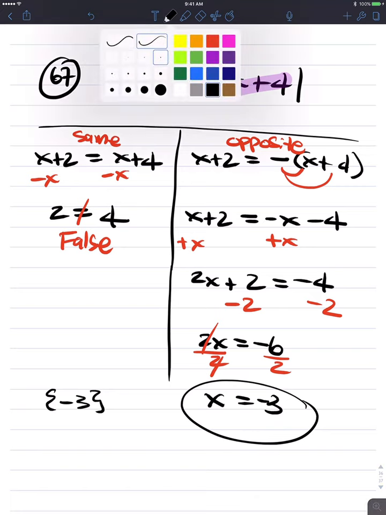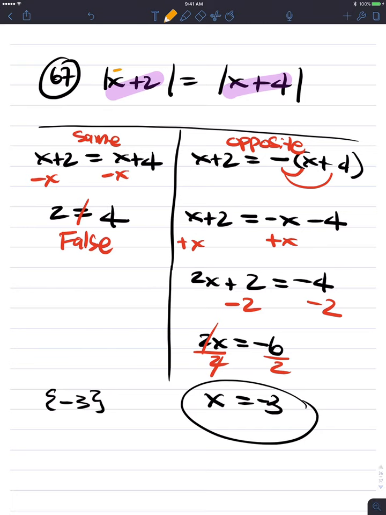Notice what this means. If I now go back and plug in for x, negative 3, on the left I have in my absolute value negative 3 plus 2, which is negative 1.